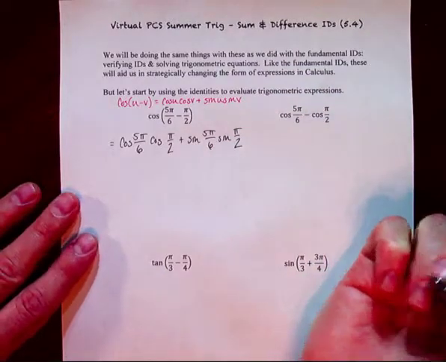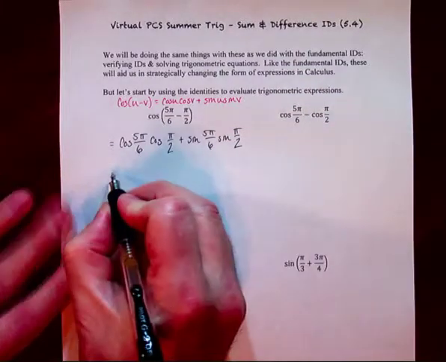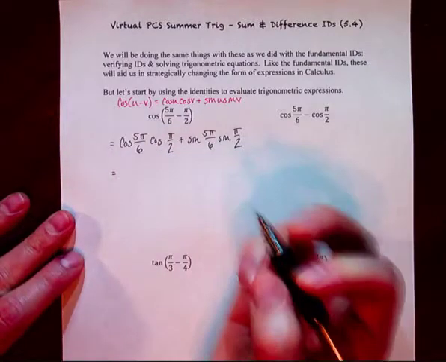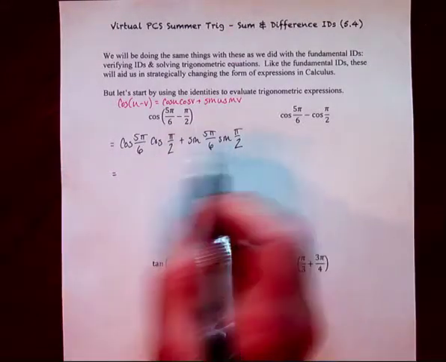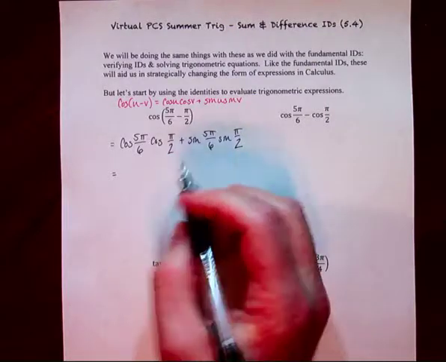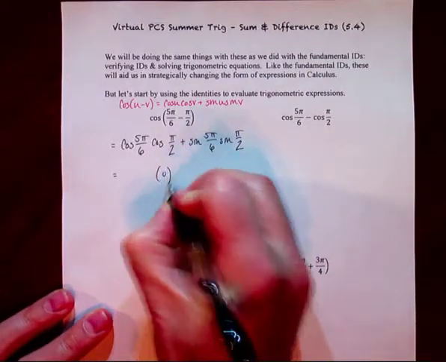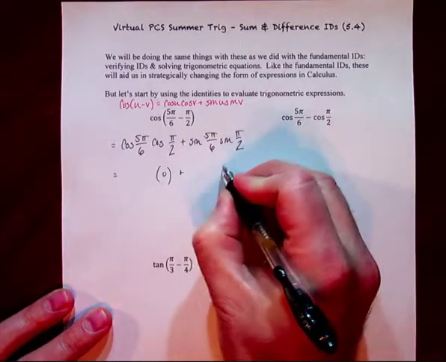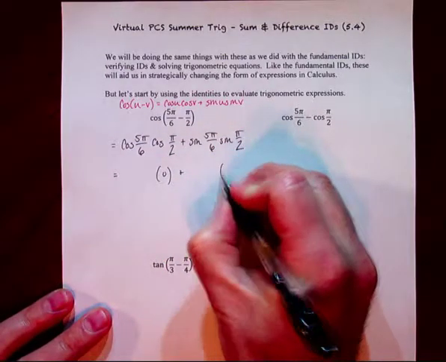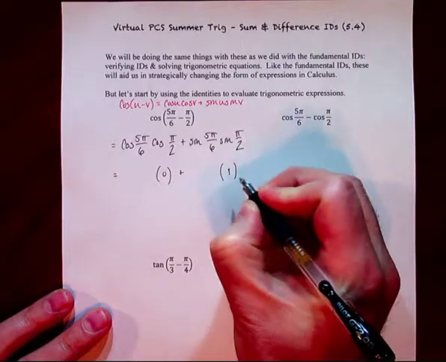Okay. Now, we simply need to remember our unit circle values in order to do all this, right? Now, cosine of pi over 2 is actually 0. So it really doesn't matter what cosine of 5 pi over 6 is. Sine of pi over 2 is 1.